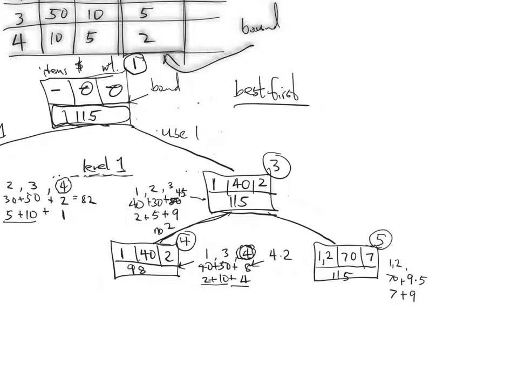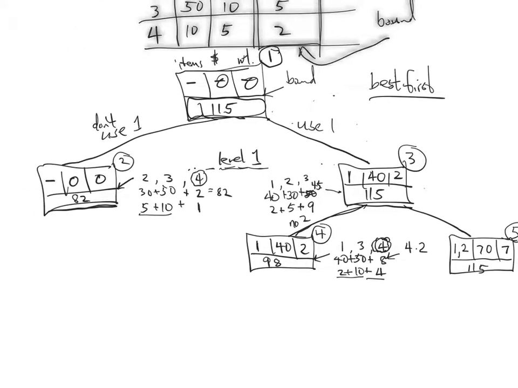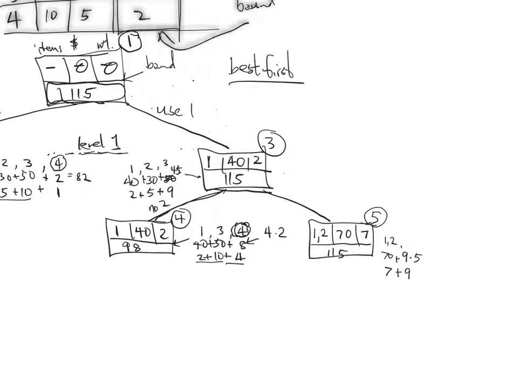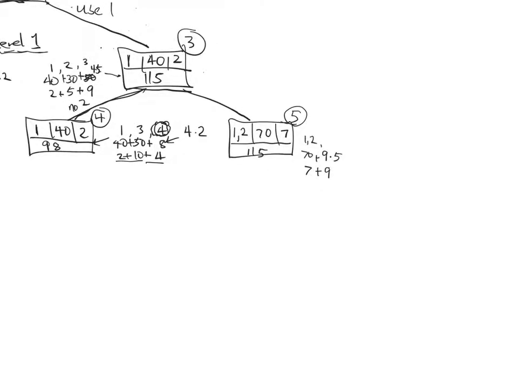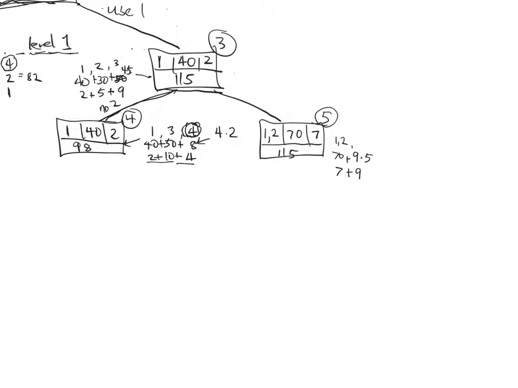Okay, so which node do we pursue next, the most promising one? It's 115, 98, or 82, so we obviously want to use the 115 guy.